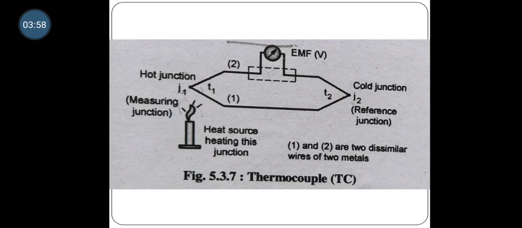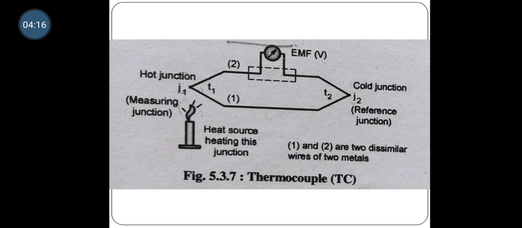Now the two junctions are shown as J1 and J2, of temperatures T1 and T2, as shown in the figure. A thermocouple is thus a self-generating transducer, as it generates an EMF, that is voltage, when there is a temperature difference between the two junctions.